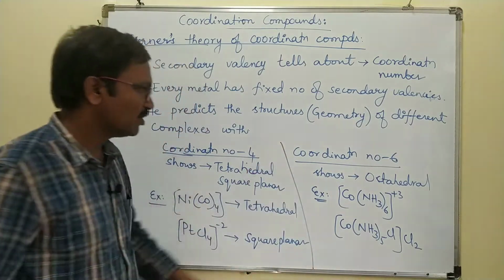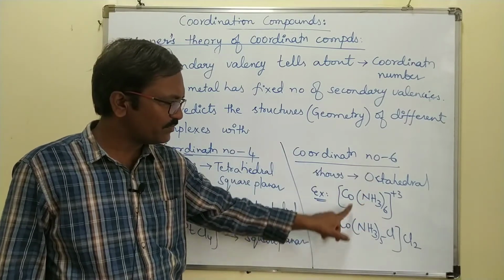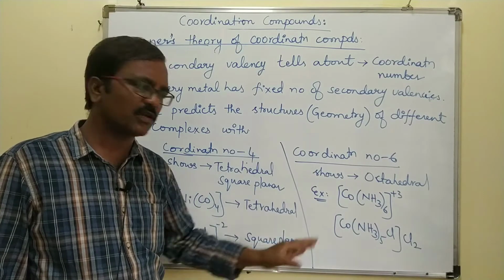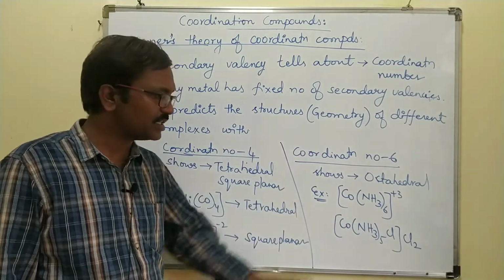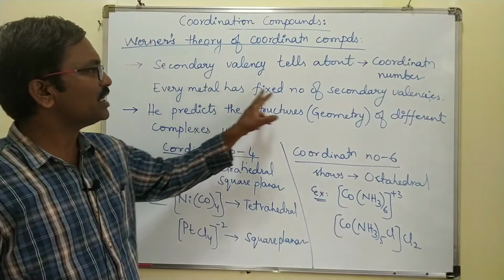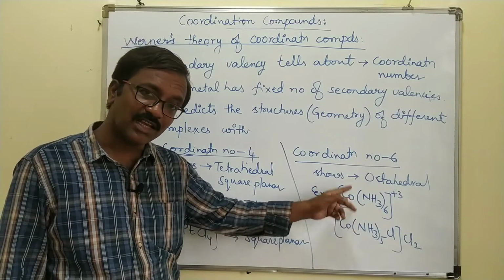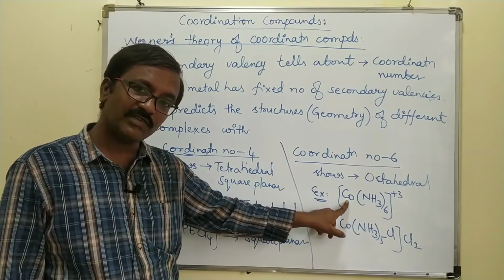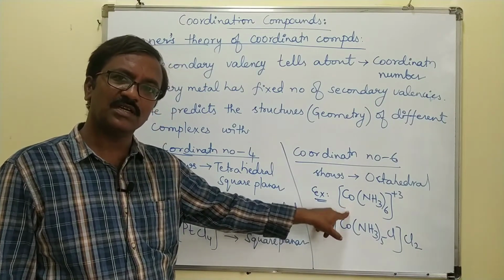In this one, cobalt is showing a fixed coordination number. He observed all the cobalt complexes. According to him, every metal has a fixed number of secondary valency, which he calls the coordination number. What is the secondary valency of cobalt?